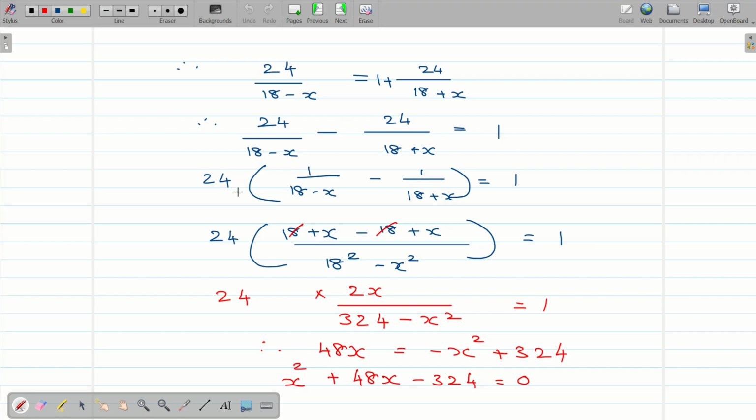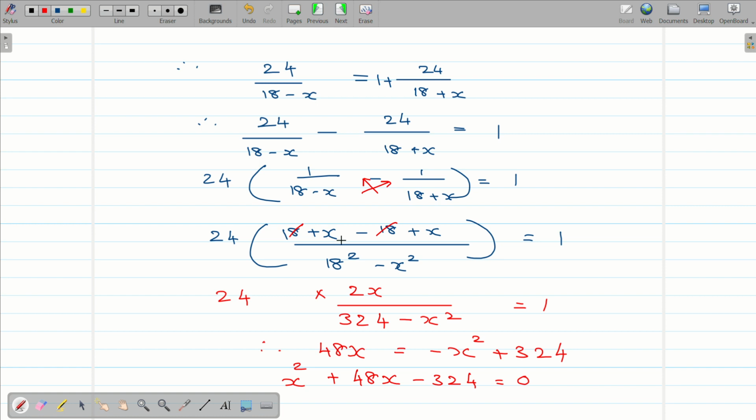Taking 24 as a common factor outside for simplification, 24 into bracket 1 upon 18 minus x minus 1 upon 18 plus x is equal to 1. Now taking 18 plus x into 18 minus x as the common denominator, we get a plus b into a minus b, a squared minus b squared, and it will be cross multiplied here. 18 plus x minus of 18 minus x, that becomes 2x. 18 and minus 18 cancelled.